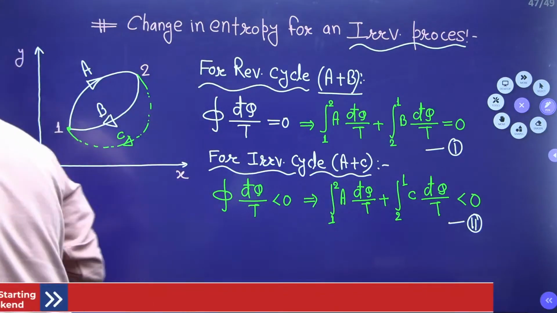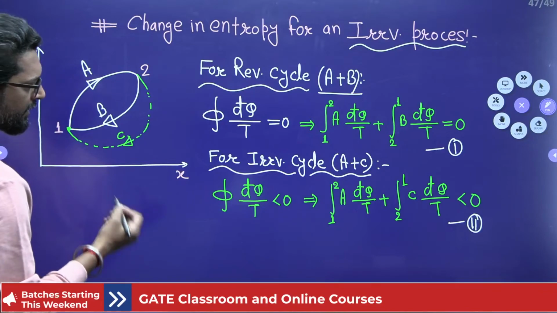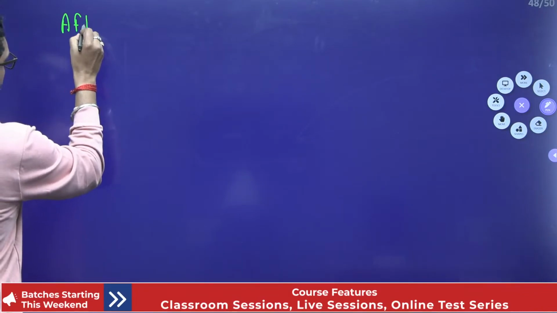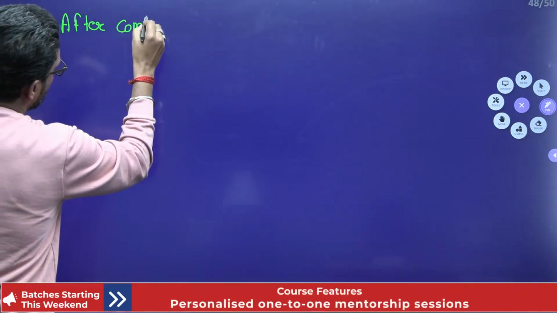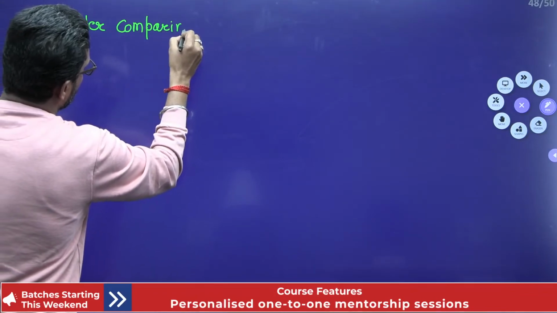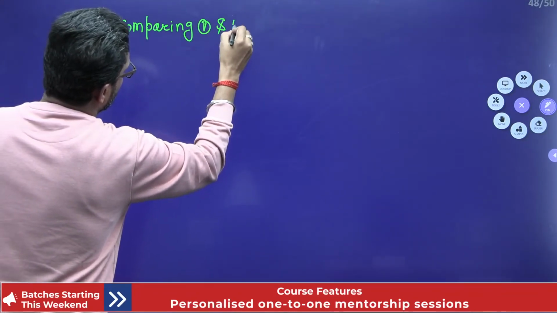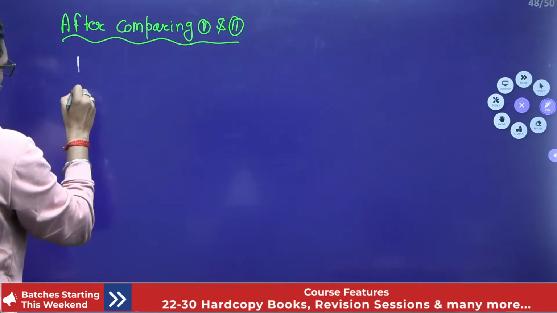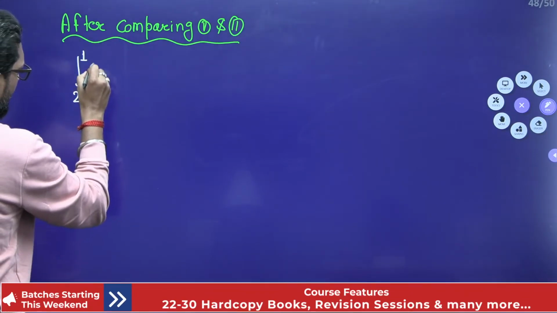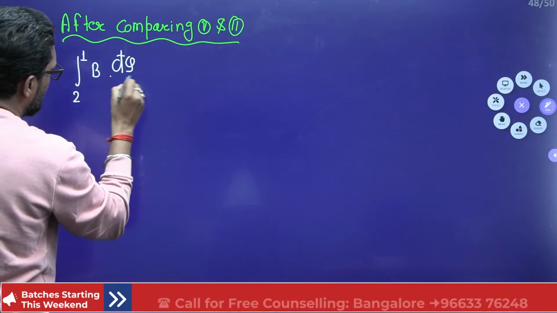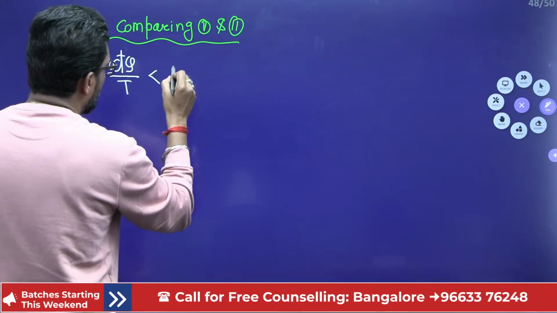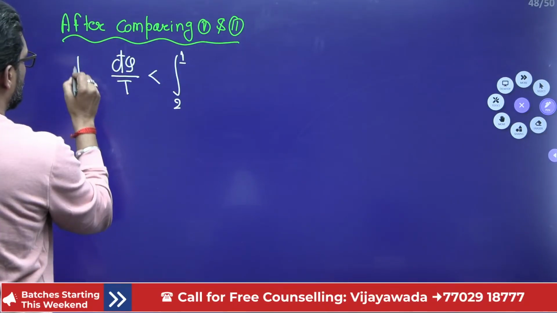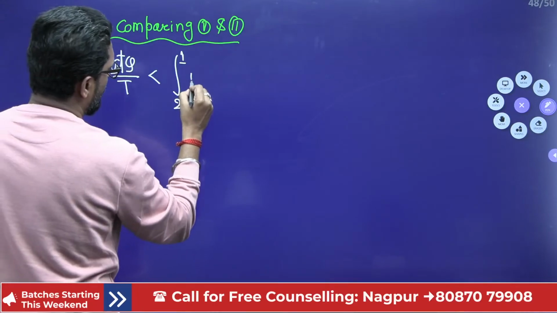After rearranging and comparing, what we get is 2 to 1 via path C is less than 2 to 1 via path B.